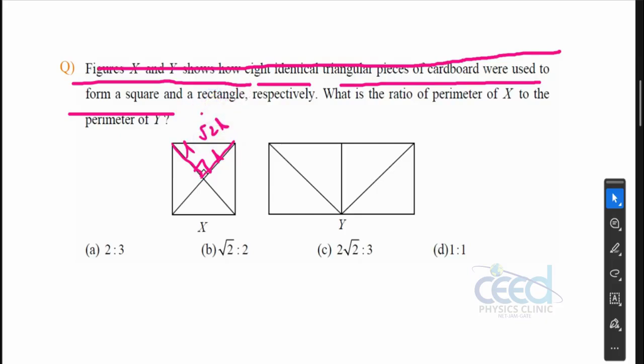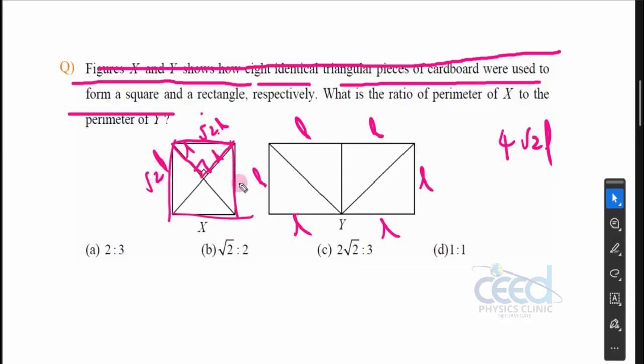Now similarly, this L, this L, this L, this L, this L, this L. Now what is the total perimeter of this square? Here one side is root 2L, we have 4 sides, then the perimeter of X is 4 times root 2L.